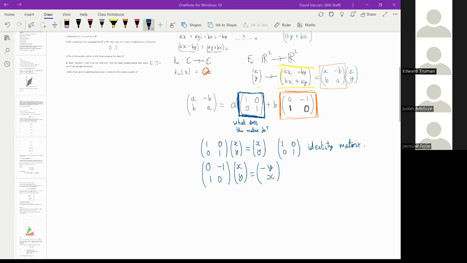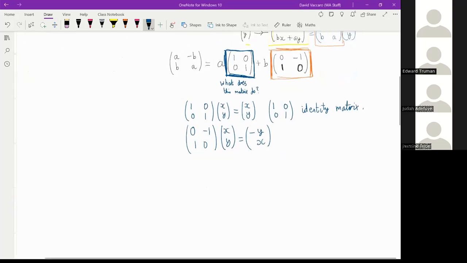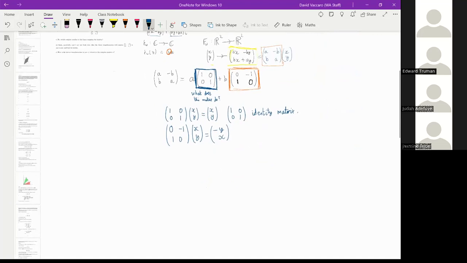Okay, let's see if this is correct. So let's consider the mapping which takes the vector x across and y up, so (x, y), and maps it to negative y in the x direction, and then an x in the up direction. I shouldn't have drawn my y and x so similar, I'll make the y smaller.